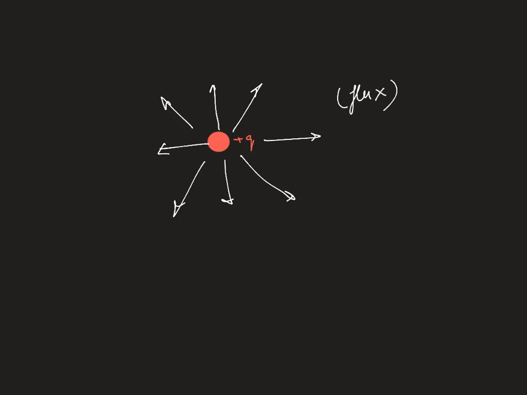We are not going into whether it is a scalar quantity, vector quantity, or whatever. We are simply saying that it is emitting something in all directions equally, and that is called flux. But as it moves ahead into space, it is being spread equally in all directions.